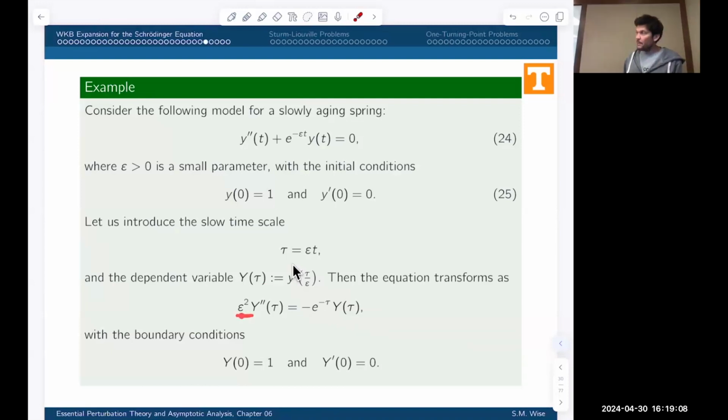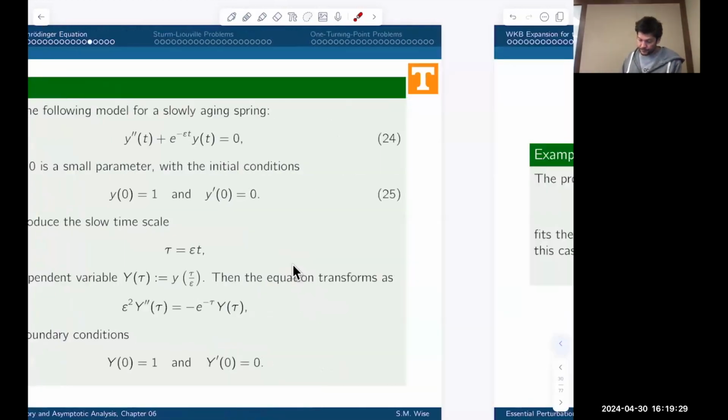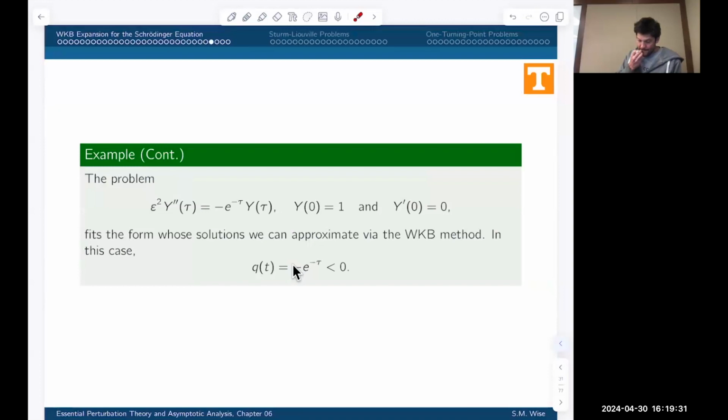We have our small parameter epsilon squared, and the boundary conditions transform without changing at all, actually. Y of 0 is equal to 1, and capital Y prime of 0 is equal to 0. So this is the so-called slowly aging spring model or slowly aging spring problem.